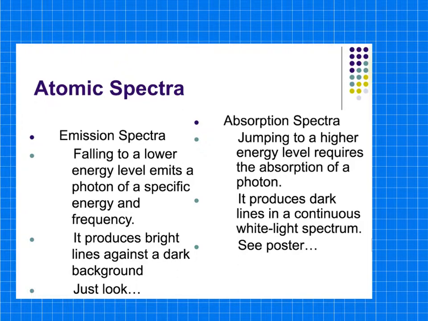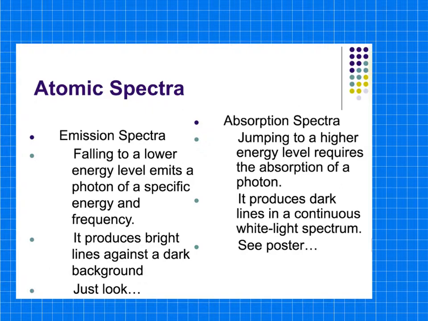So we're going to see these bright lines or photon emissions as colored lines against a dark background. You'll use the spectroscope to check this out. I should have a poster up of what that looks like, the emission spectrum. You'll see a black background with brightly colored bands of light on them.